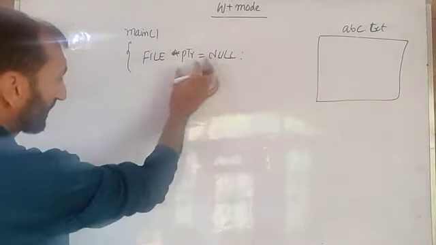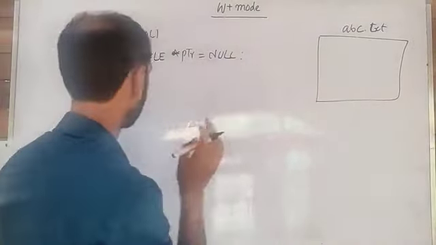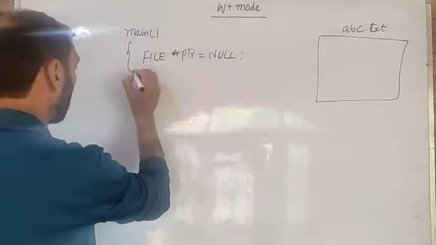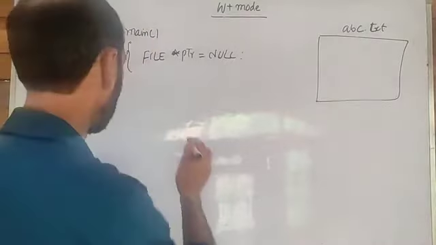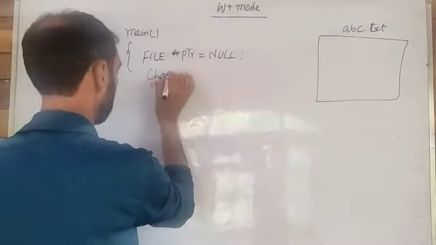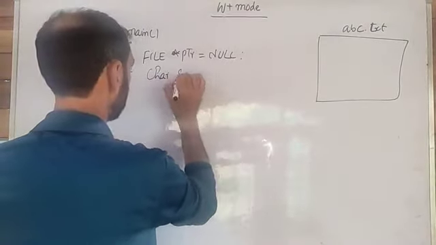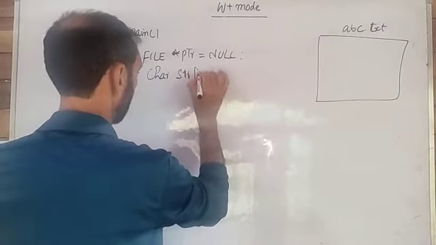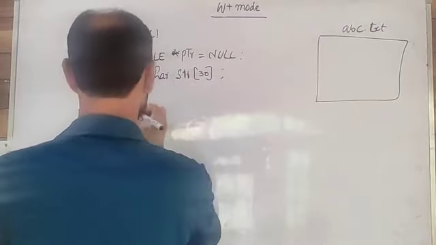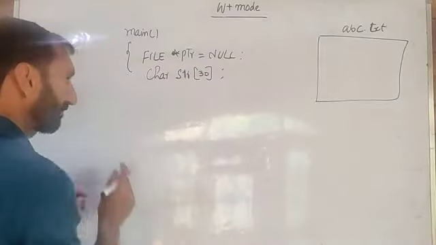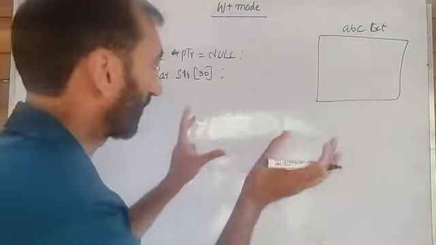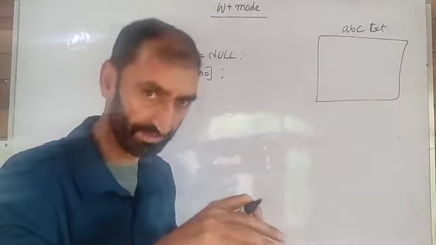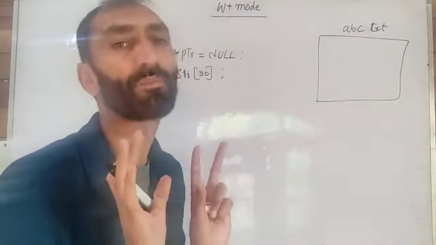Initially I have initialized this pointer with NULL, and after that we will declare a string variable, buffer, of maybe size 30. First I will open the file. Whenever we want to perform an operation on the files, it is mandatory for us to open it.